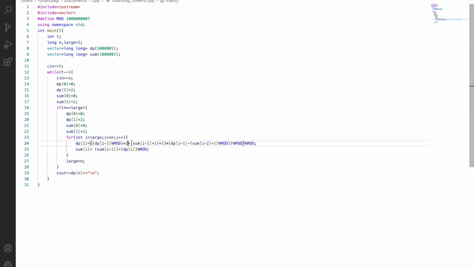Now moving forward, suppose there is no horizontal line with the new layer. So now we would have two choices: either we have the vertical line or we don't have the vertical line in our new layer. Let me simply give you the idea.